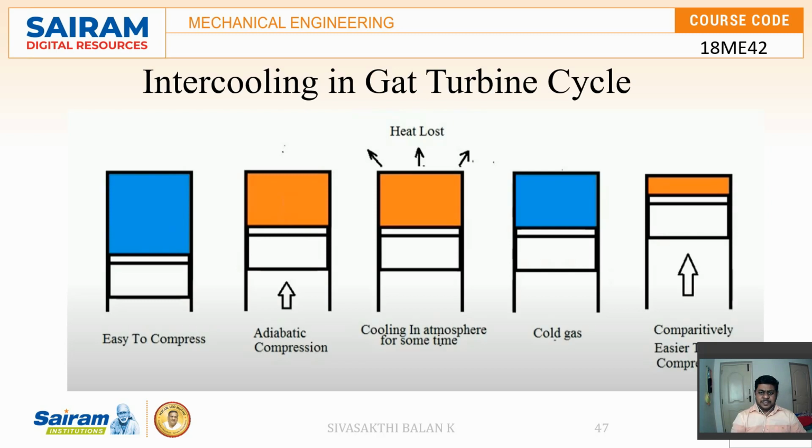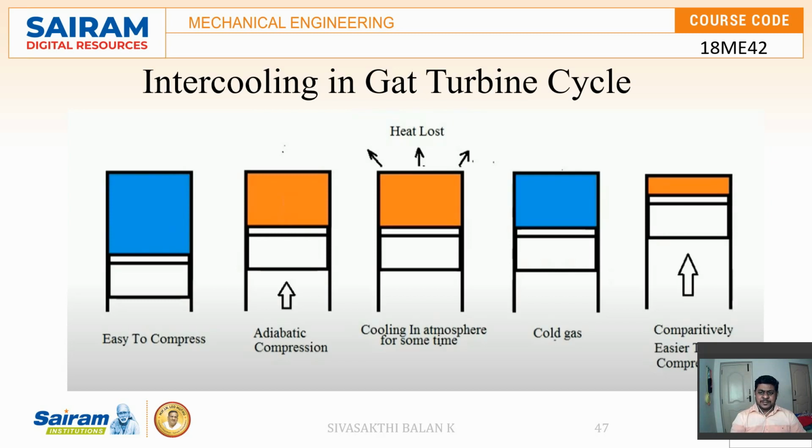At that time, the compressed air is exposed to the intercooling. Due to the cooling effect, the temperature comes back to the initial temperature while the pressure remains constant. That means the cylinder is in the same position, but the temperature decreases to the initial stage. Now it is in the same condition as at the inlet, the first diagram condition.